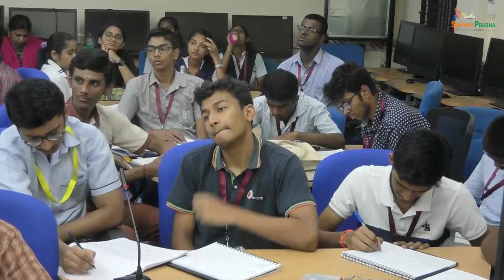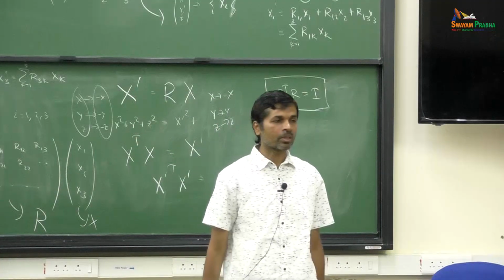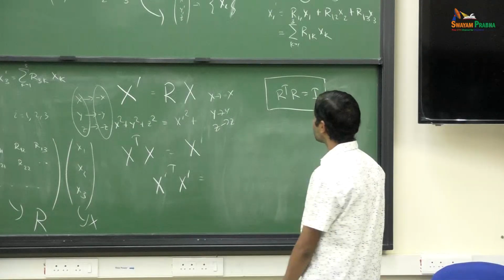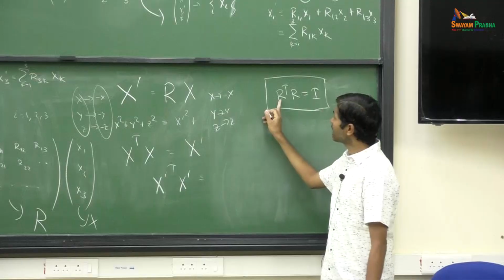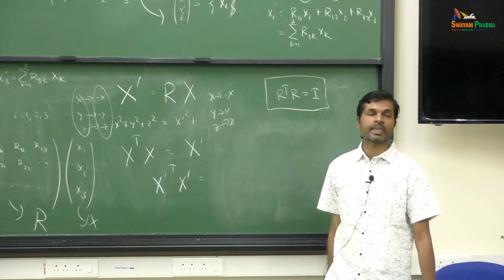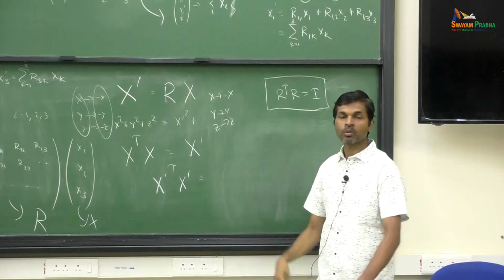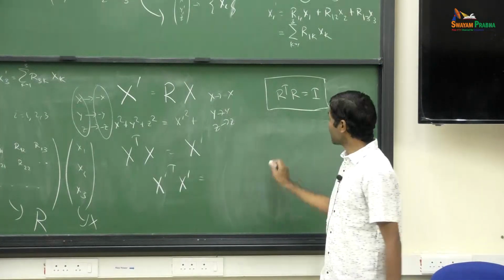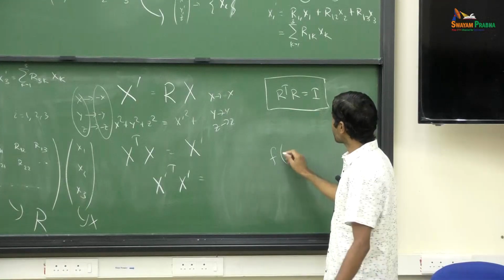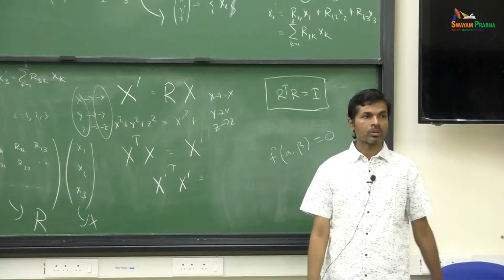If you consider an arbitrary linear transformation, how many parameters will it contain? 9 parameters. Very good. But this is not an arbitrary transformation. The transformation has to satisfy this relation. Suppose alpha and beta are 2 parameters, but there is an equation f(alpha, beta) = 0.